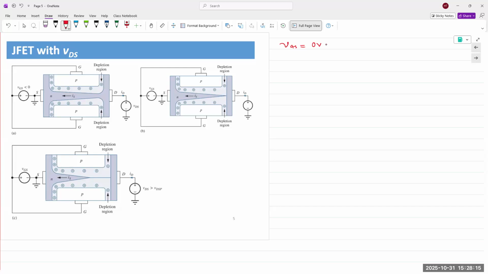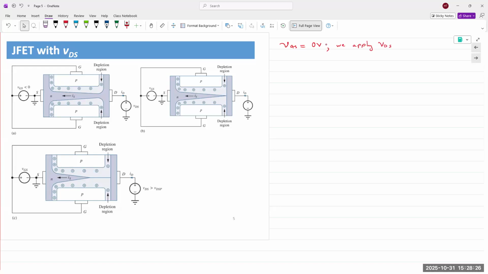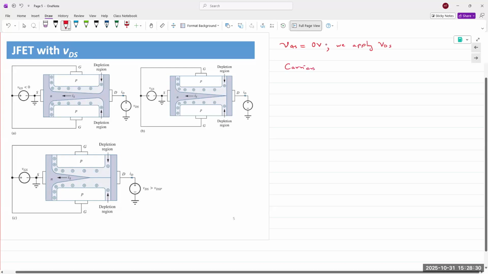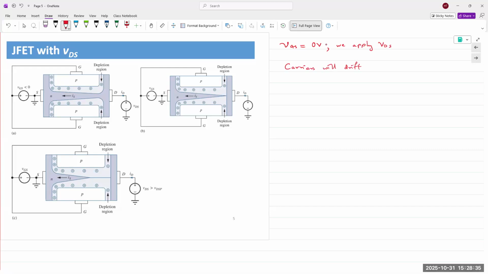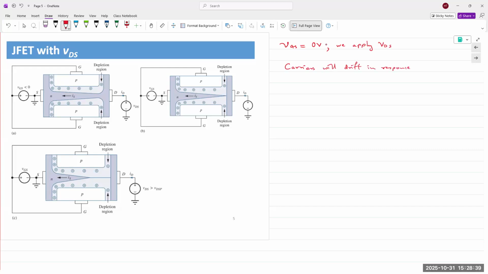So when VGS is 0, we apply VDS, and carriers will drift in response to the electric field.